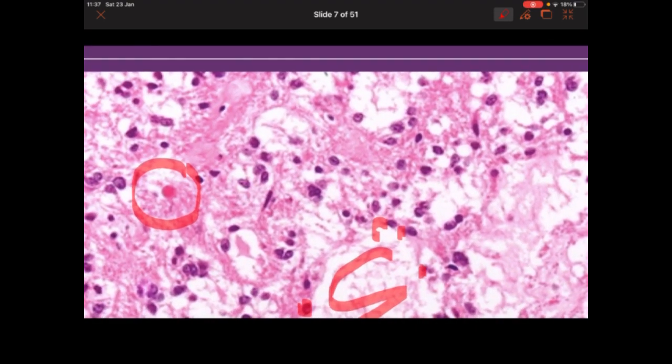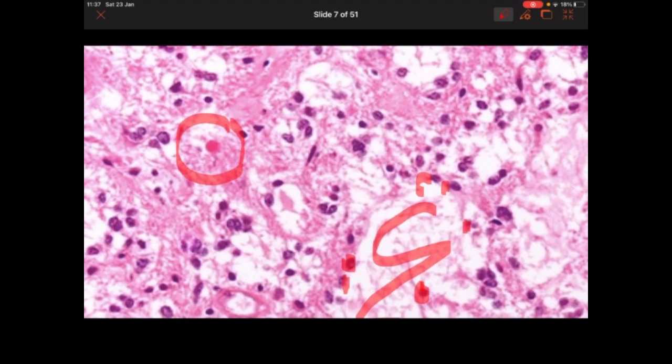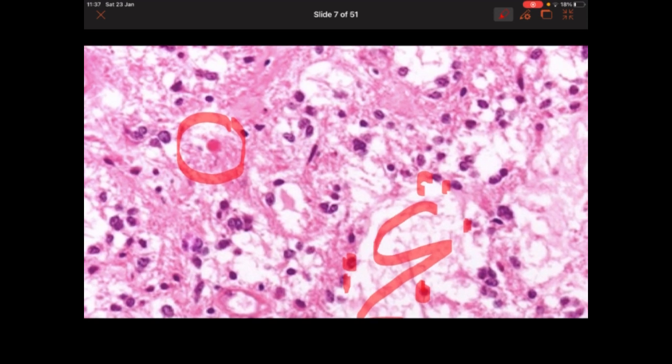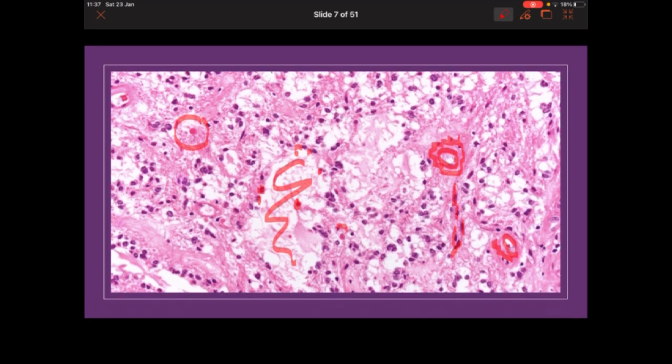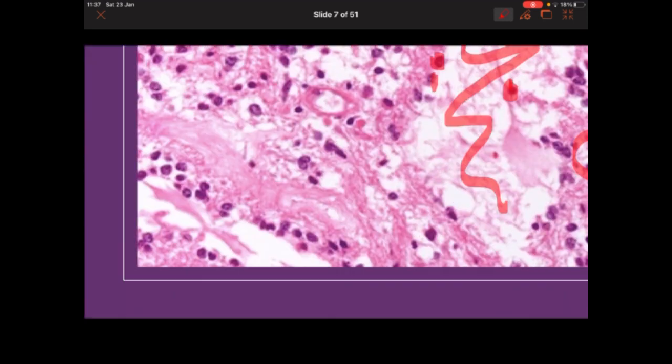These are hyaline globules. It is eosinophilic material present in the cytoplasm, intracytoplasmic eosinophilic material. This is another hyaline globule.